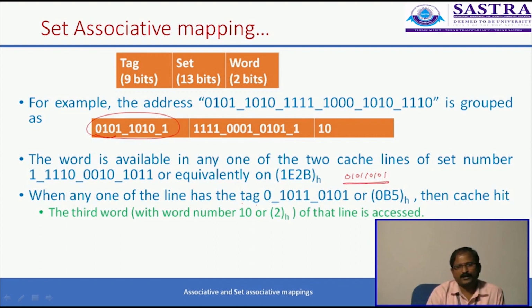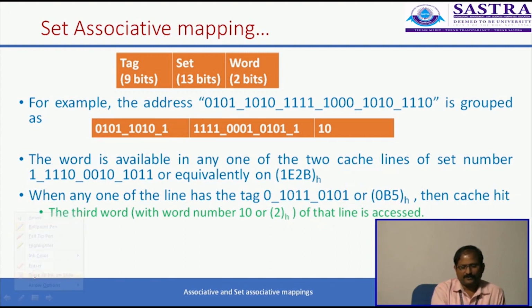If both the lines are not having this bit pattern, then cache miss, and it can be written in hexadecimal again by grouping 4 bits from the least significant bit. So, that will be 0B5. The tag field is not having 0B5, then cache miss.